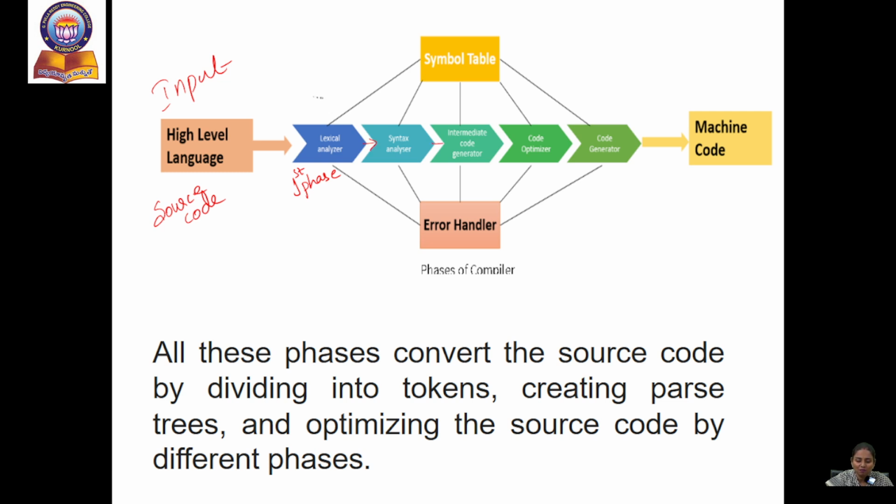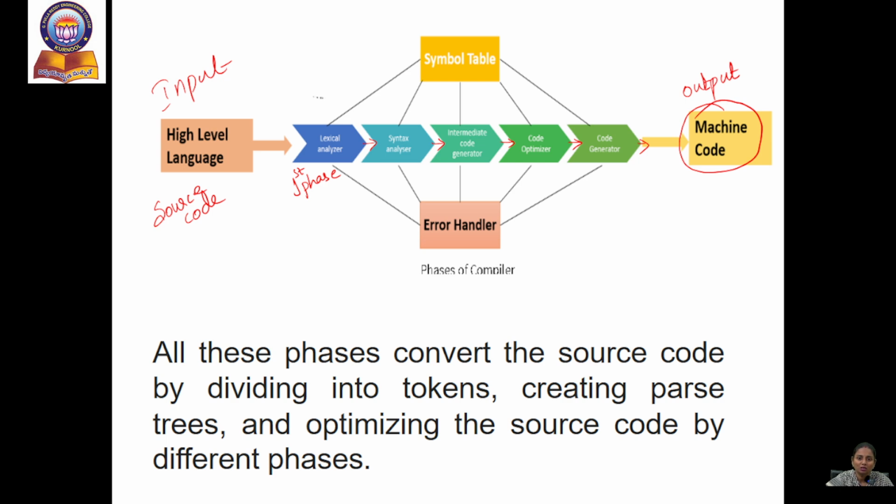In the same way, each phase output becomes the input towards the next phase until a source program has gone through all these 6 phases compulsorily. Finally, whatever we get is the output of the compiler. The compilation of a program completes whenever the input is completely converted into the machine code.